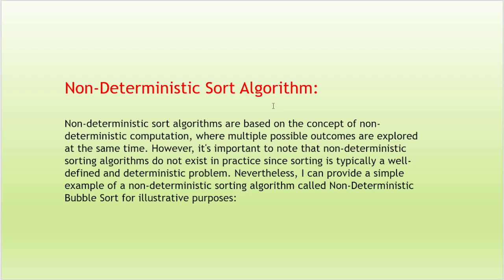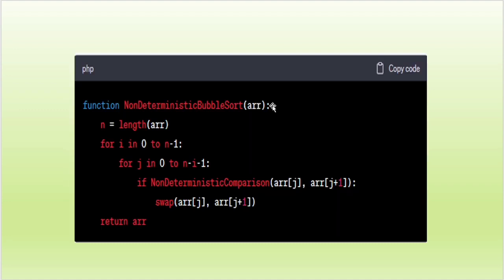Nevertheless, I can provide a simple example of a non-deterministic sorting algorithm called non-deterministic bubble sort for illustrative purposes. Here is the pseudocode of bubble sort with a non-deterministic function.